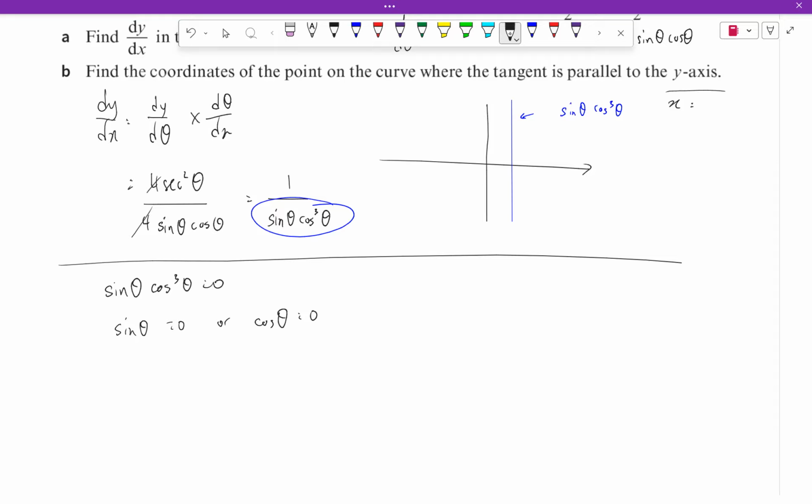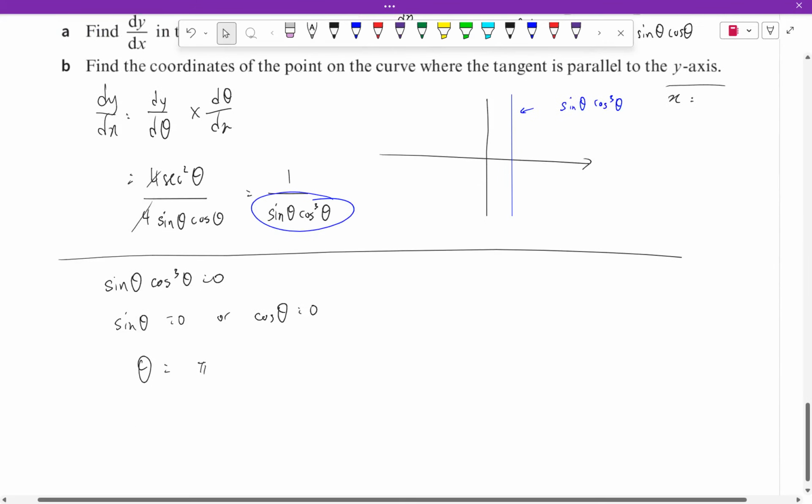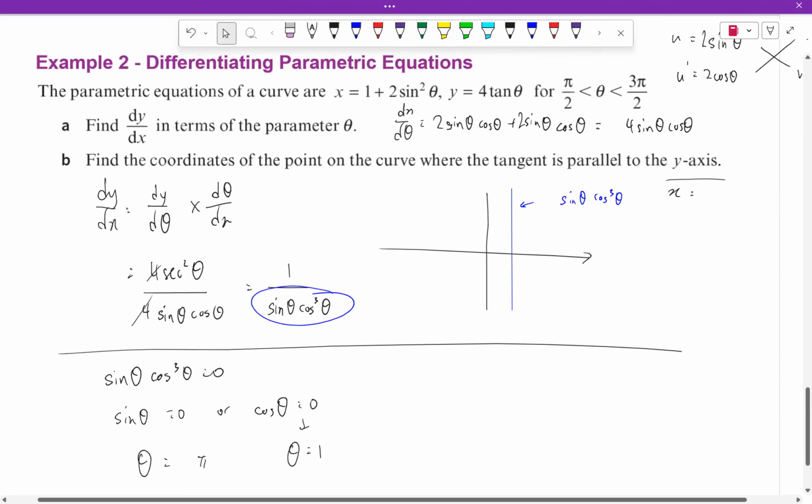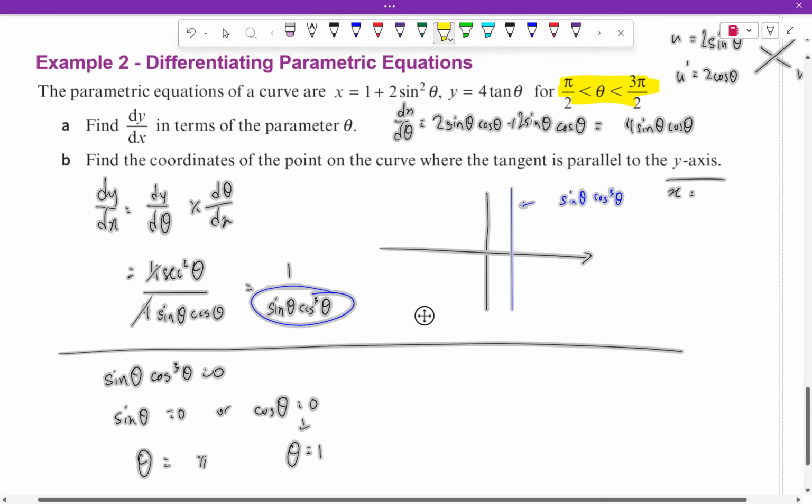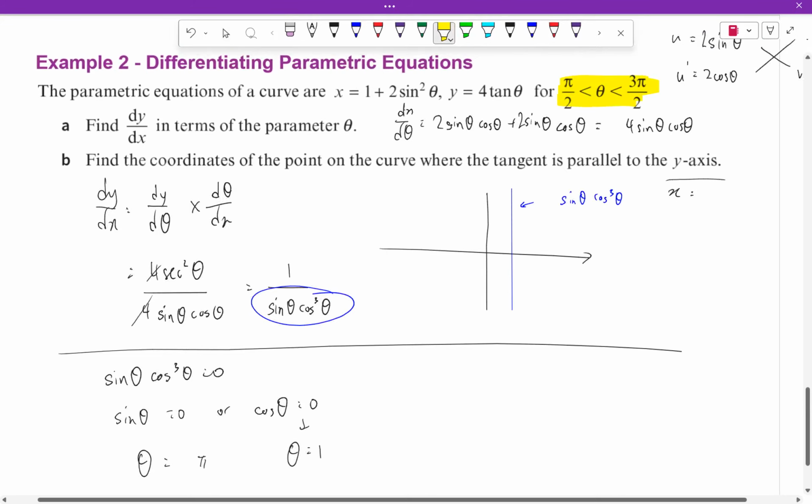That means theta can be pi. Yeah, theta equals pi. But let's have a look at this other one. Usually we would include it, but let's have a look. The region does not allow it, so that means we reject.